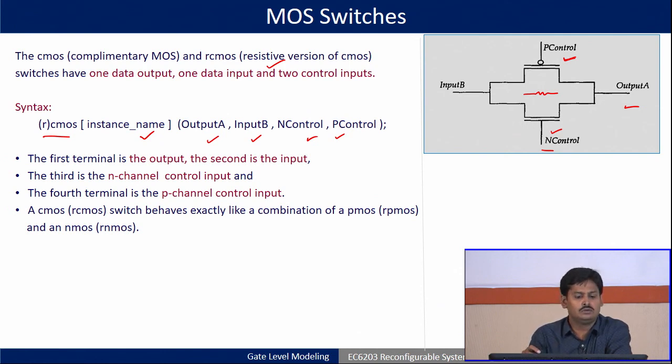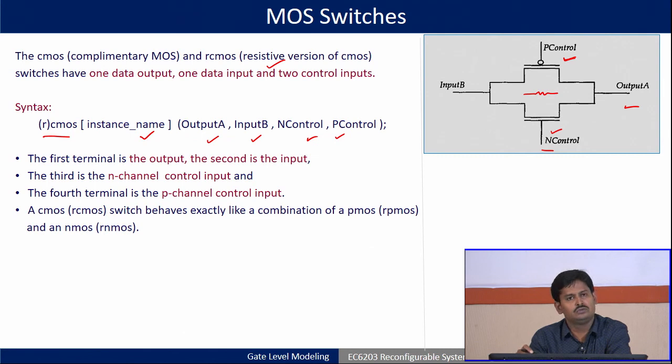The only thing is you might be in confusion that this CMOS is actually not the representation of an inverter. It is like a transmission gate. This CMOS is just an overlapping of PMOS and NMOS, which may represent a transmission gate. This is what is supported in Verilog coding.